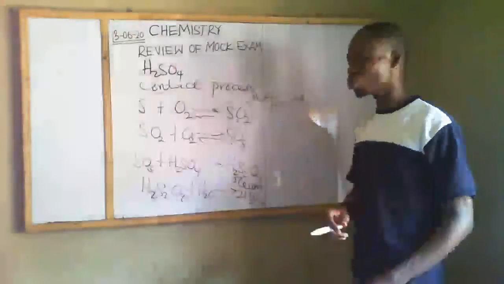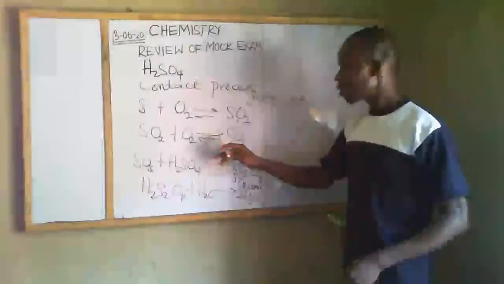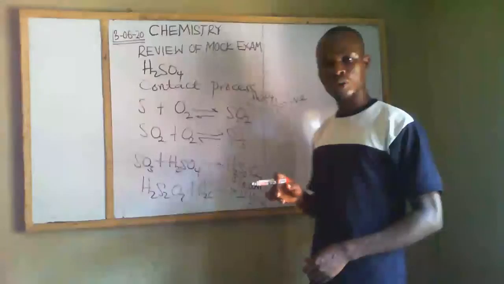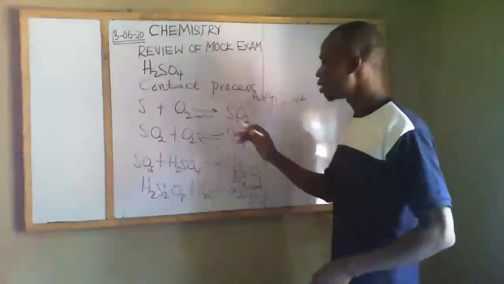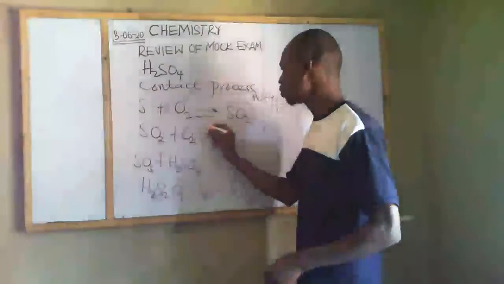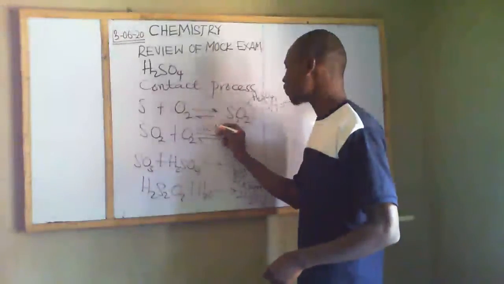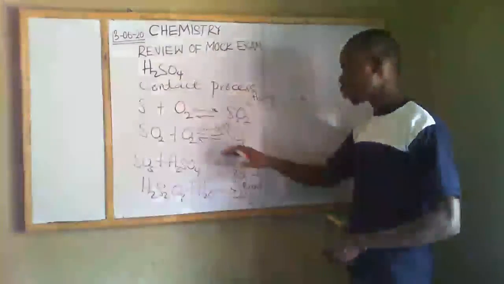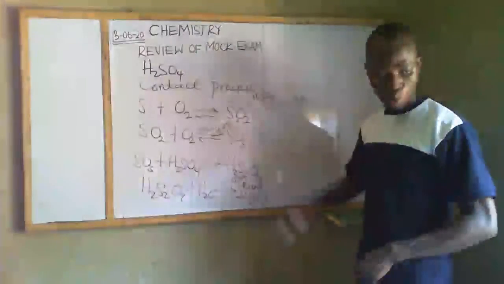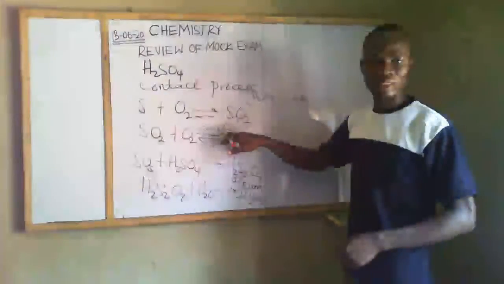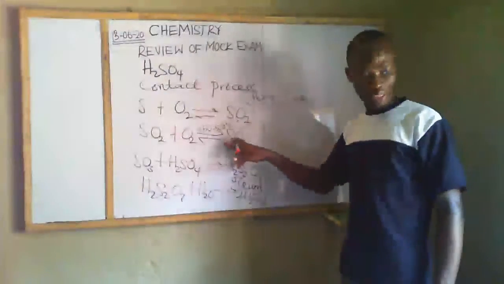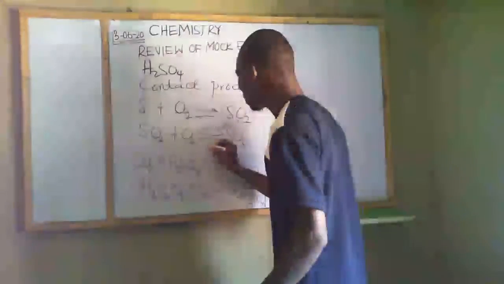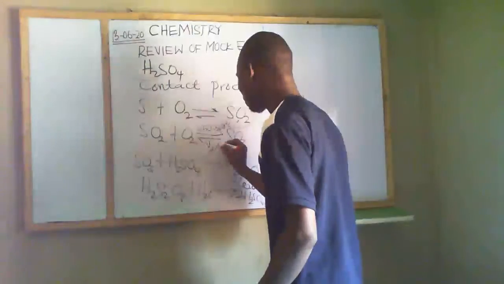Now, for this reaction to take place, we have some conditions that must be met. The temperature requirement is between 450 to 500 degrees Celsius. High pressure is also required. As well, a catalyst is needed for this step to occur. The catalyst is vanadium 5 oxide.